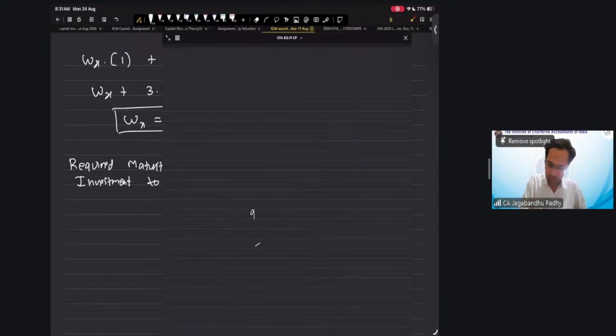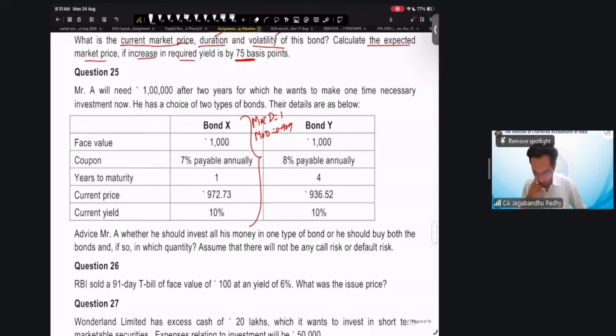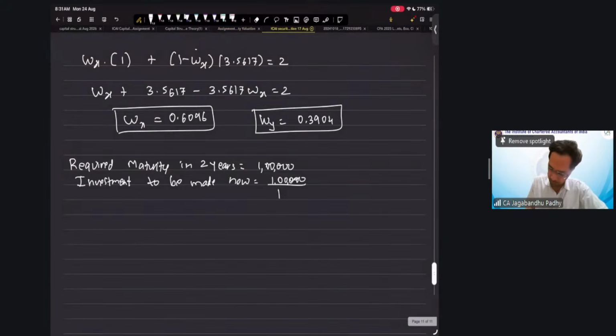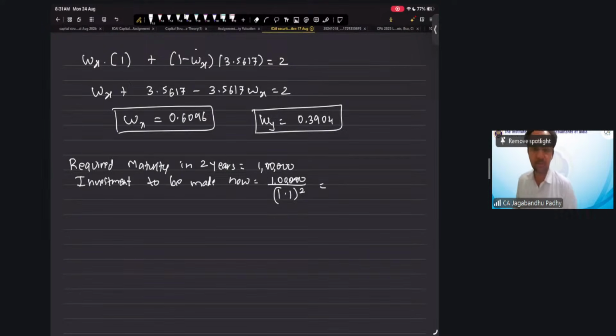What is the ongoing YTM rate? Current yield is how much? At 10%, right? So currently the yield is 10%. It's going to be 1 lakh divided by 1.1 squared, which is the present value. So the present value of the investment that we should be making today is 1 lakh divided by 1.1 squared.